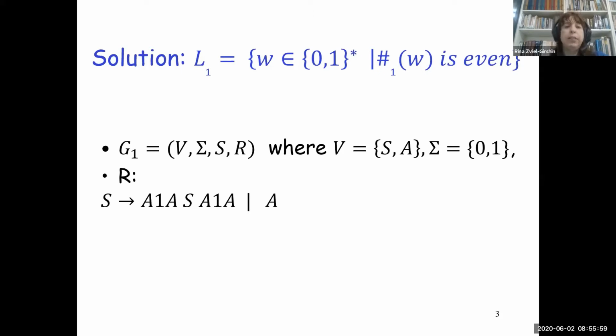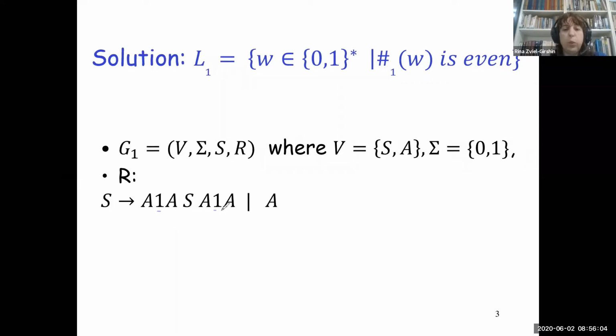Since I need an even number of ones, I'm using rules with an even number of ones: I have one before S and one after S, as many times as I want. And then I continue to some new variable A, where A derives only zeros. So I can add zeros before the one, after the one, before the next one, after the next one.